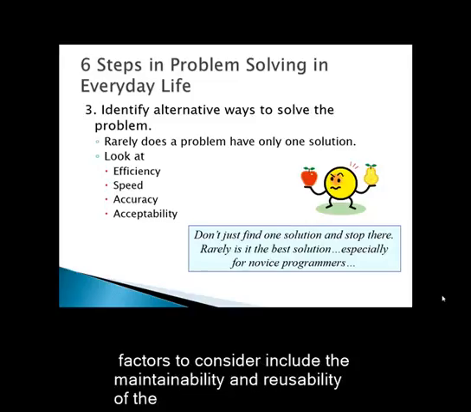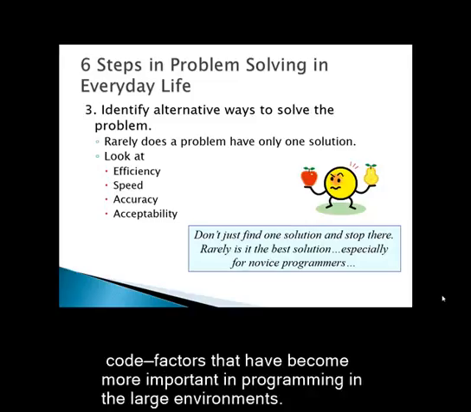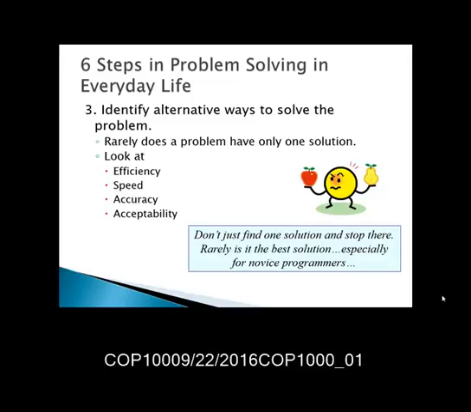Look into efficiency in terms of speed, accuracy, and accessibility. Try to address the problem differently, try to think outside the box, right? But that solution must be efficient, fast, the data must be accurate, and it must be acceptable by everyone.